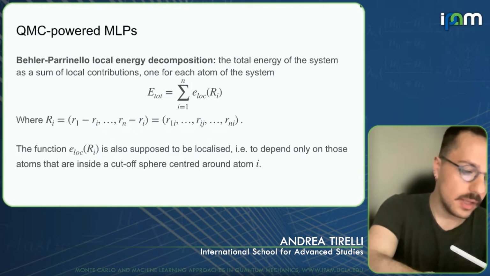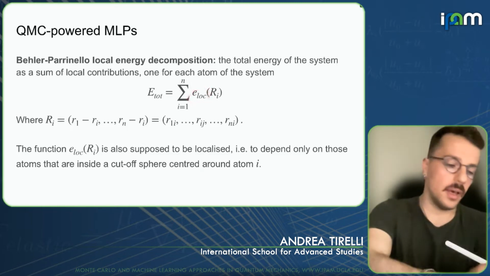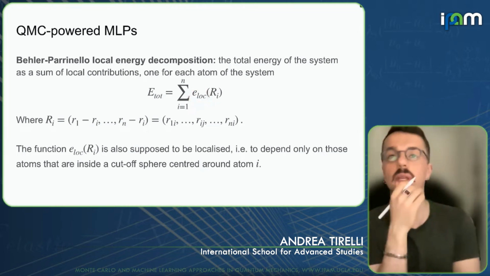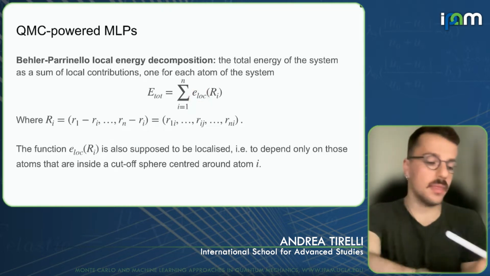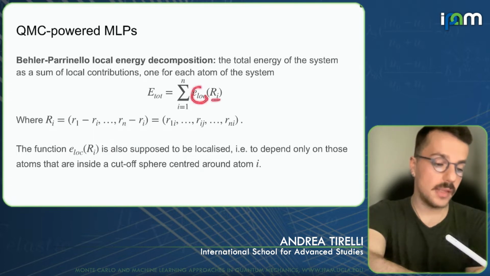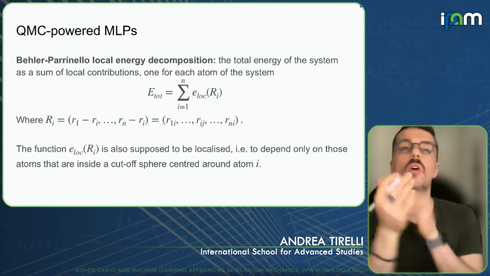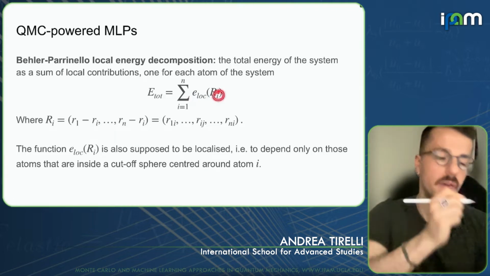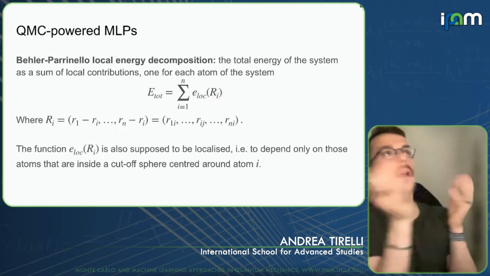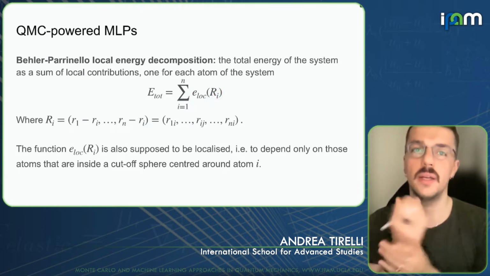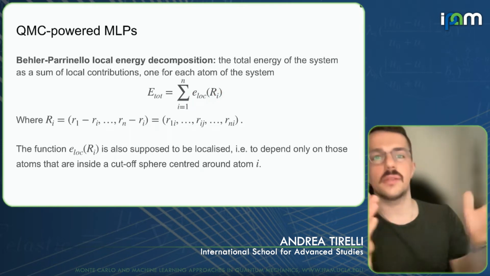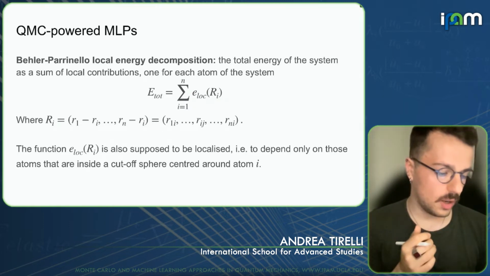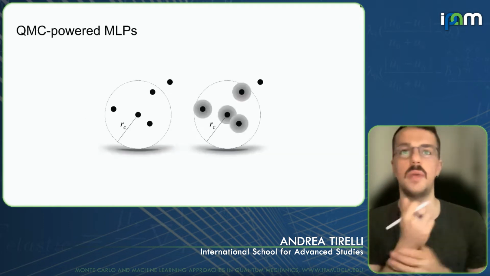As you see here, there's one local energy contribution for each atom in the system, and such a local energy depends only on the local environment. So we put ourselves around atom I, and we look at what's around atom I within a certain cutoff radius.